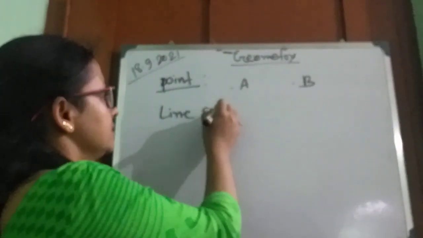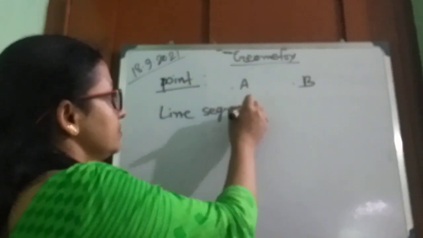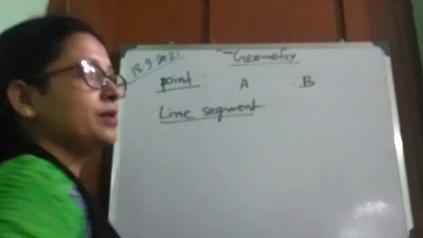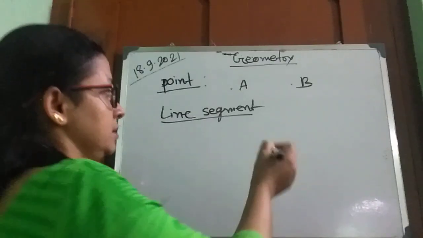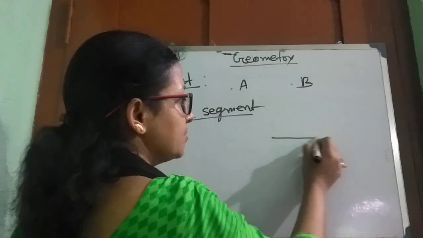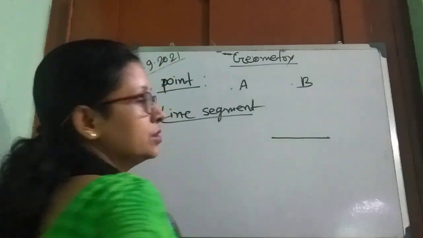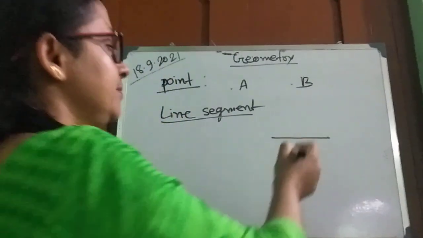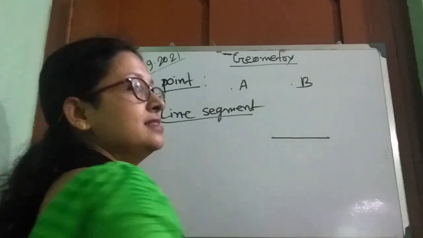Next is line segment. Line segment means there is one point, another point. If you join this point with a straight path, then it becomes a line segment.